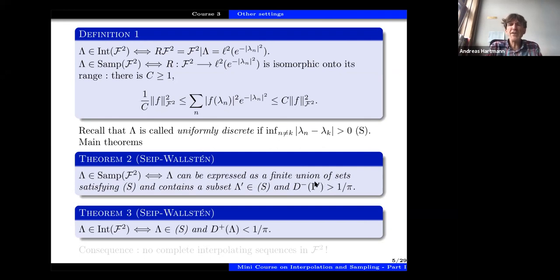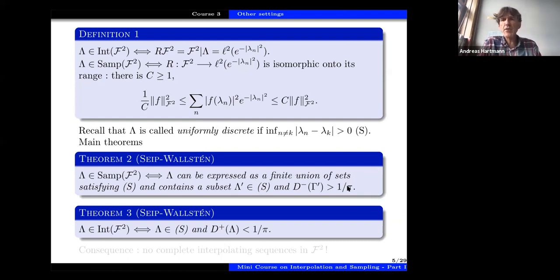Lower density means that if R is big enough, then all the disks with this radius will meet at least a certain number of points. So I was saying n minus could be 0, but for sampling this case cannot happen. If its radius is big enough, then as we run through the plane, a disk has to meet at least that number of points.